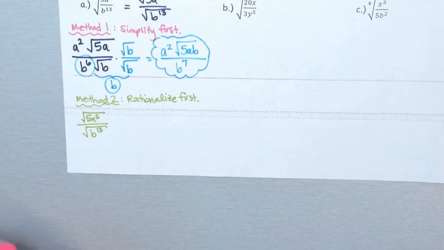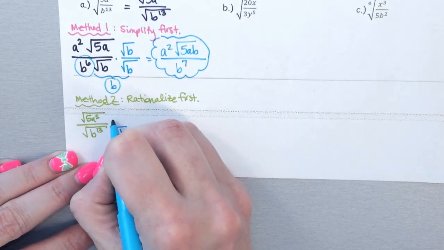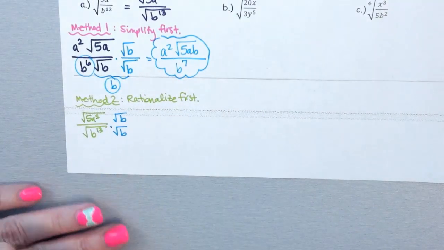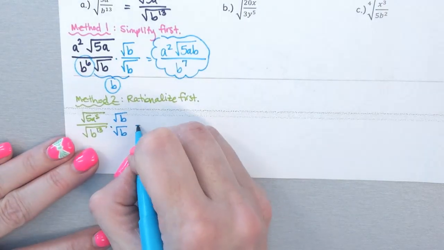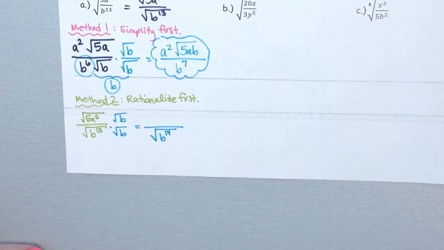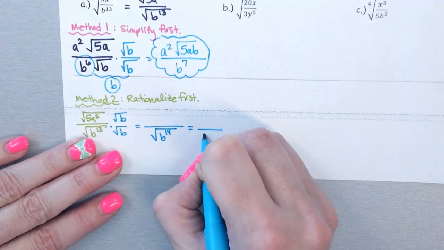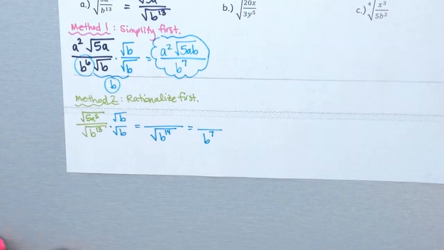So if you choose to rationalize first, you would start by multiplying by root b over b. Okay, which would be b to the 14th on the bottom. 2 goes into 14 7 times, so it's b to the 7th.